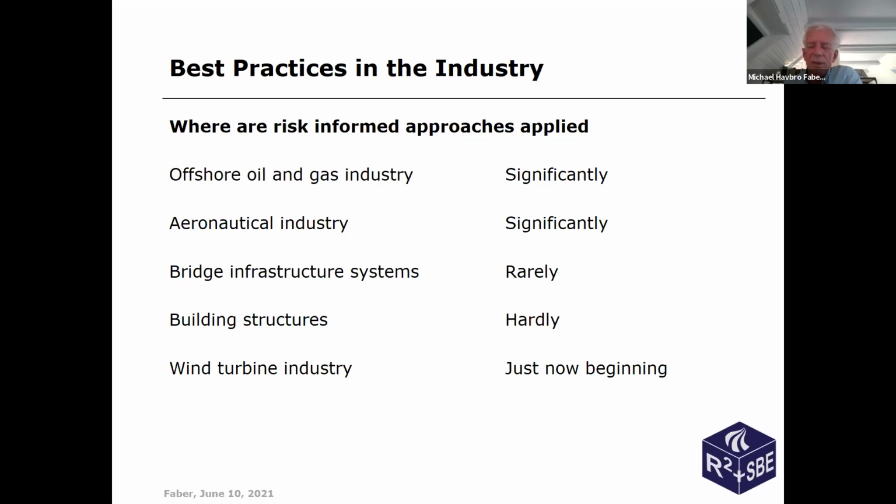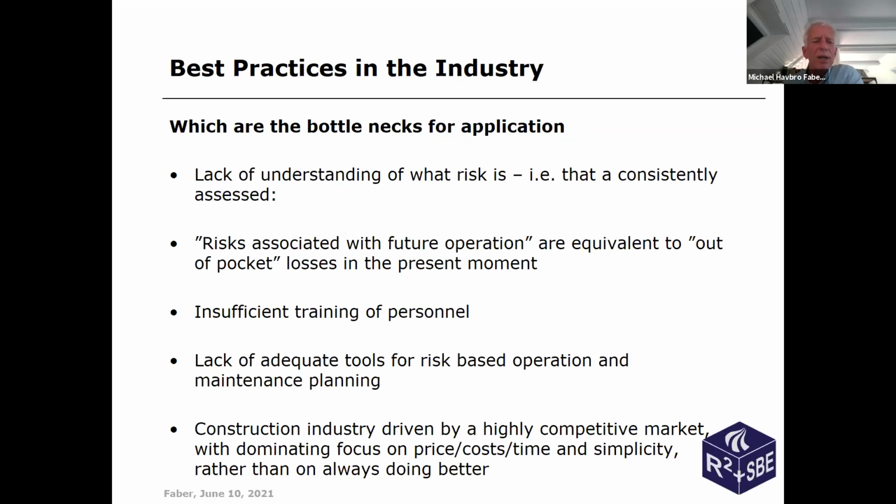We are now in the process of coupling this up with monitoring in order to sharpen the risk-based inspection planning strategies. The bottlenecks, I think, are a lack of understanding of what risk is, also understanding that a risk associated with the future operation is actually equivalent to out-of-pocket losses in the present moment.